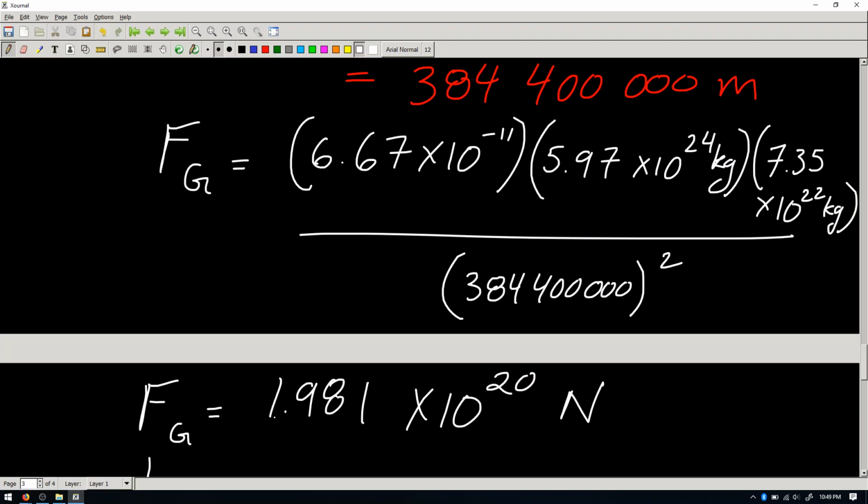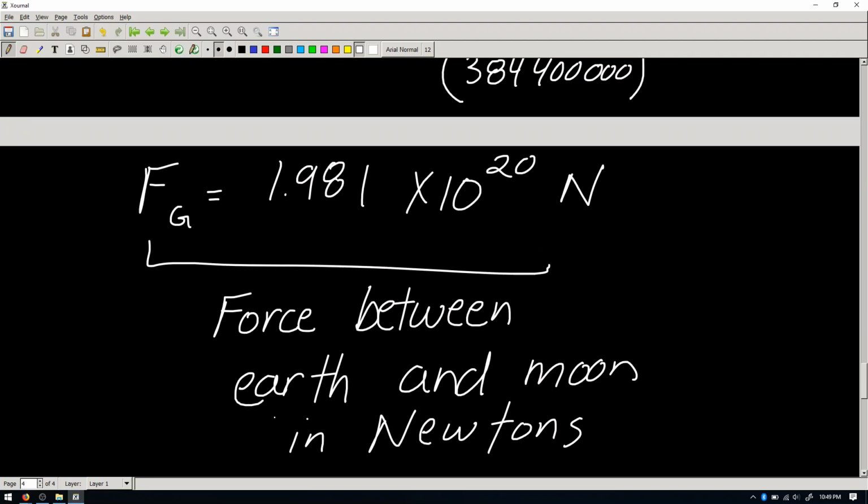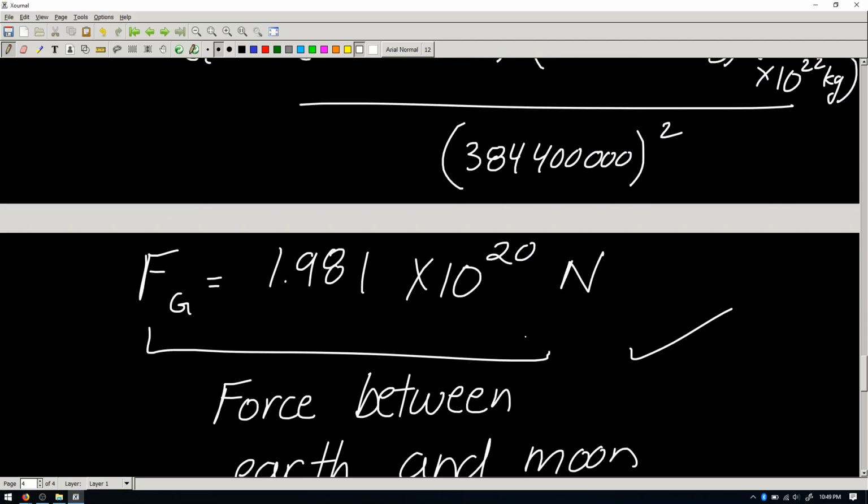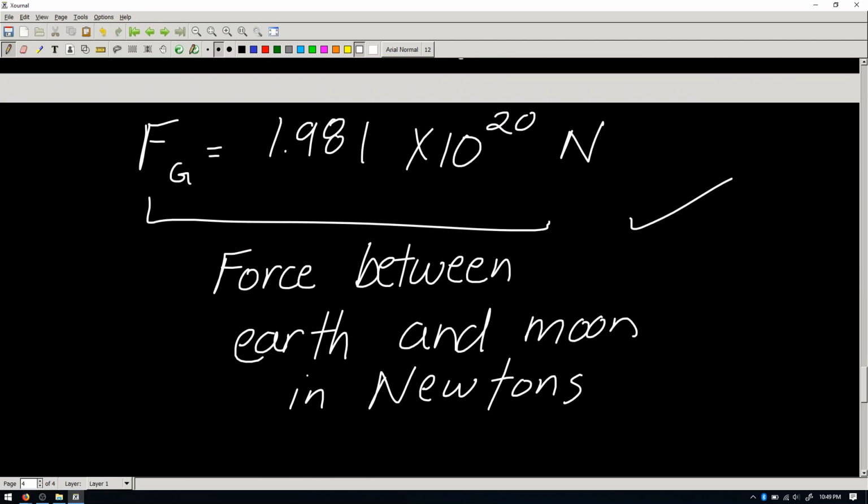Let's see. No, I'm good. Okay, so that is the force between Earth and Moon in newtons. All right, guys, hope this was informative. So that's an example of us calculating a force, and it's gravity, which we will be talking about more in future videos.